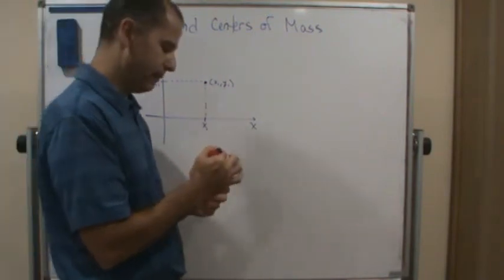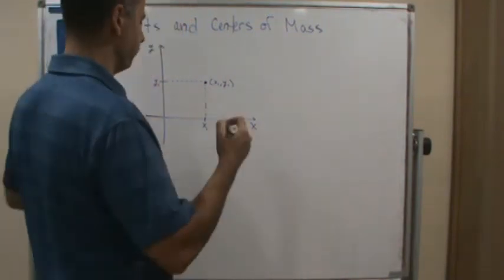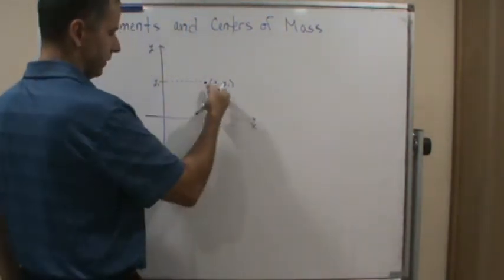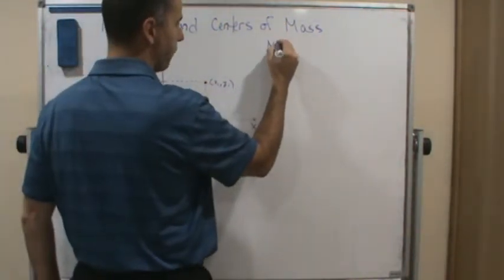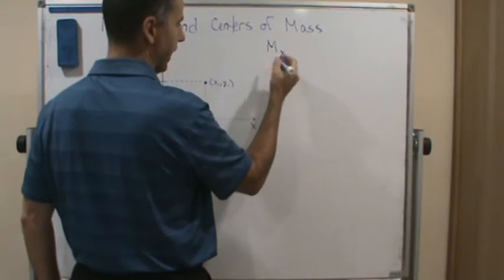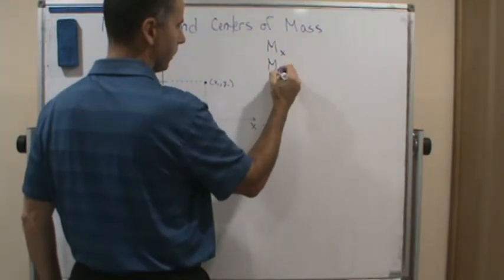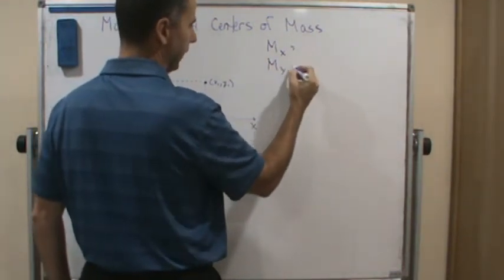And so that means we're going to have to define this way and this way. So let's define m sub x and m sub y.